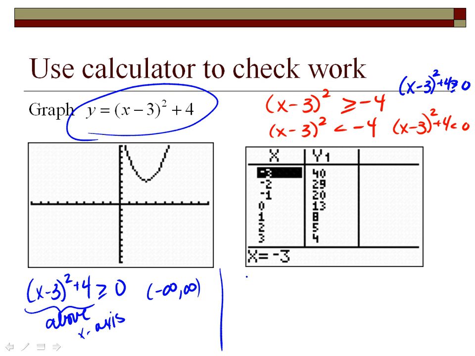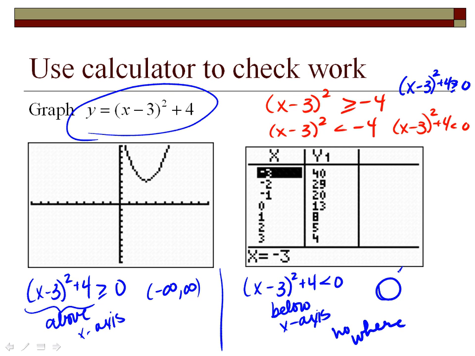If I'm trying to find where x minus 3 squared plus 4 is less than 0, right? That's saying where is the graph below the x-axis? Well, nowhere is it below the x-axis. So that is the empty set.